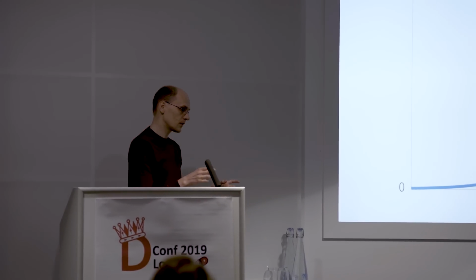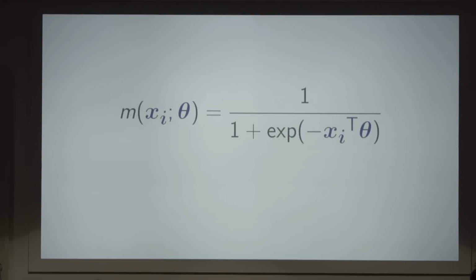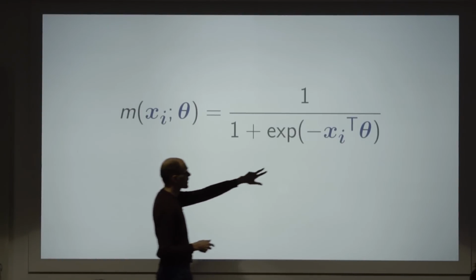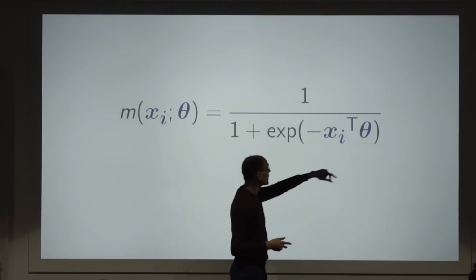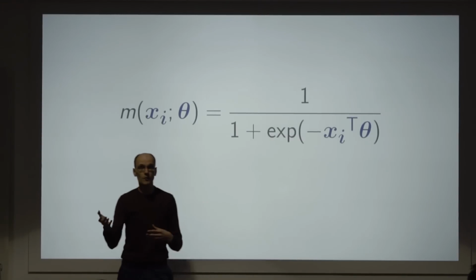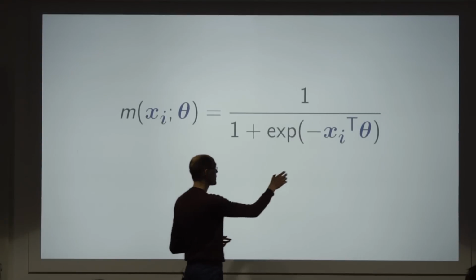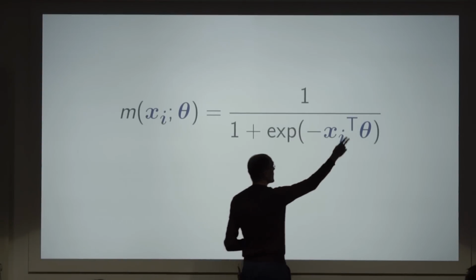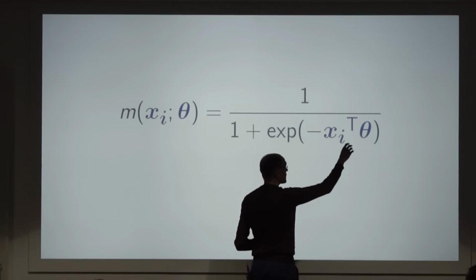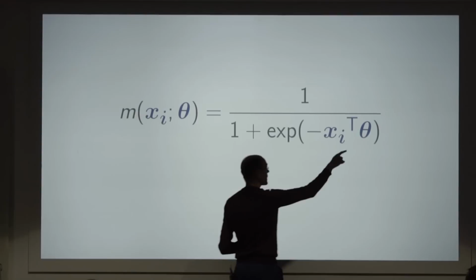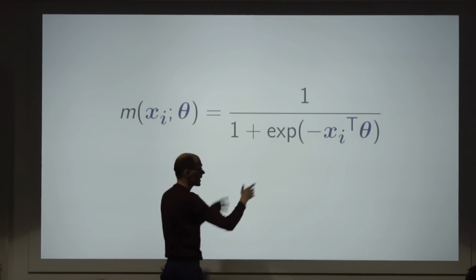Okay, so now we can apply this. We can plug our dot product into this equation to turn it into a probability. So we would have some value from minus infinity to infinity, and now this gets wrapped into a probability.